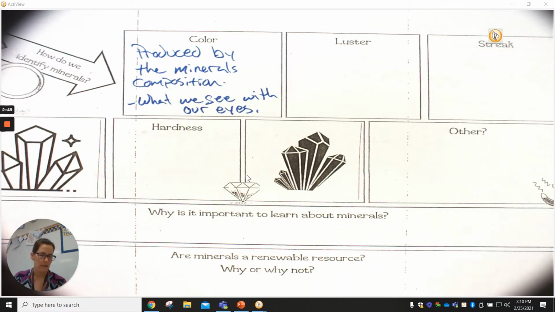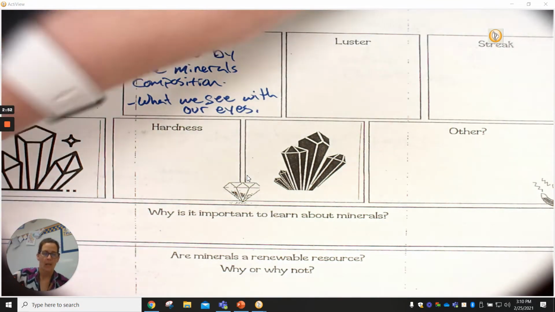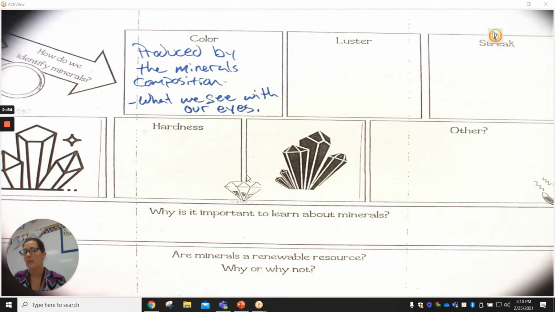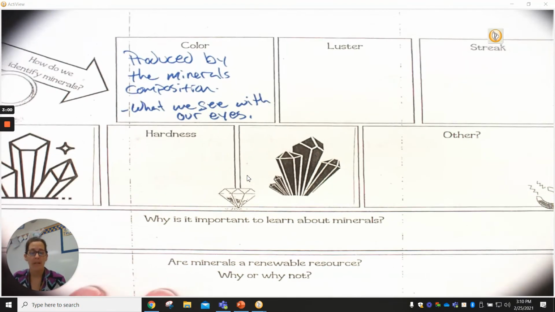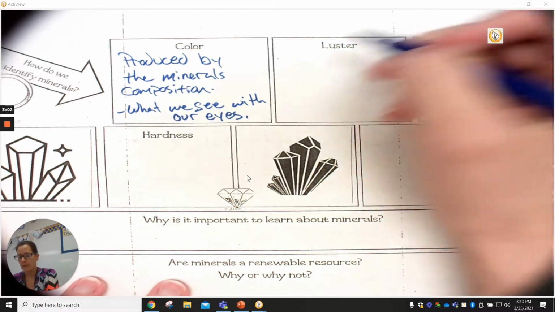Okay. Next, we have luster. And luster, we've talked about luster before when we were talking about metals, nonmetals, and metalloids. So this should just be a refresher. But luster is how the surface of a mineral reflects light.